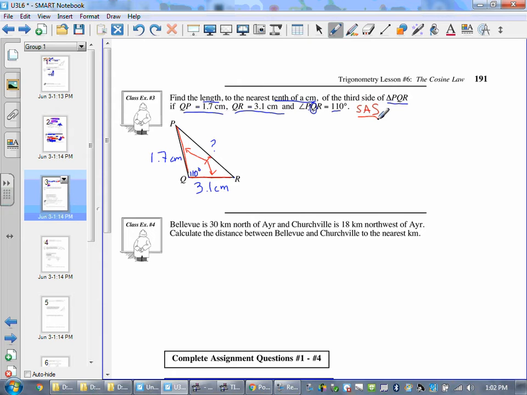So far so good? Okay, so let's label our sides. Side across from big Q would be little q. Side across from big R would be little r. Side across from big P would be little p. Alright, let's get Sarah to help us write out our cosine law with different letters. It's going to be crazy.